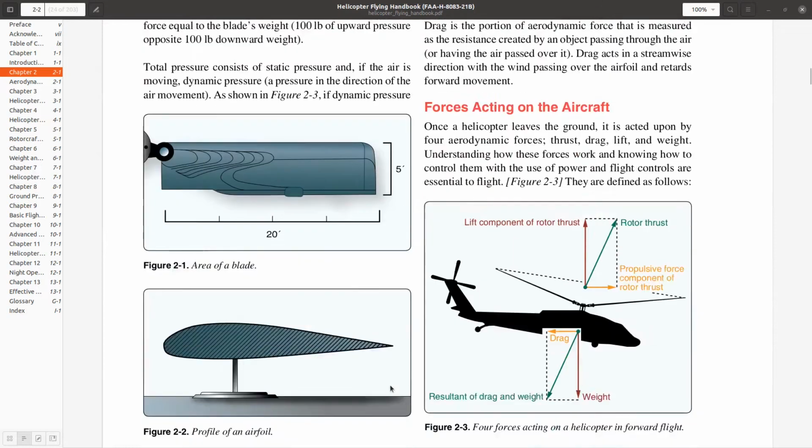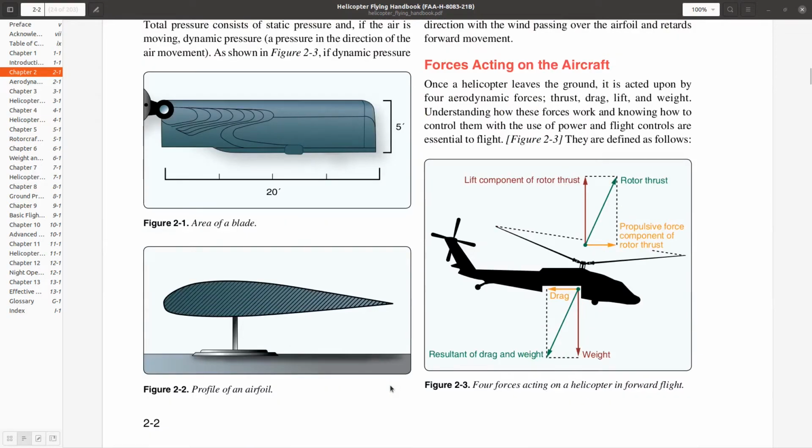So, if you look at a helicopter, it has the same four forces acting on it in flight. We have lift, weight, drag, and thrust. And we can break up those forces. We have lift from the rotors. Now, the rotors might be tilted forward, as it is here in this picture in forward flight.